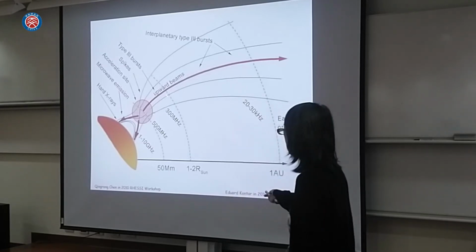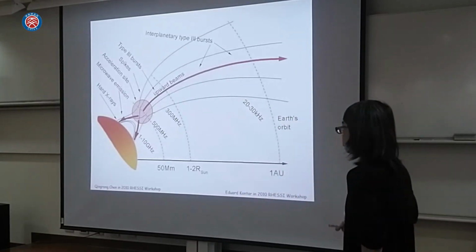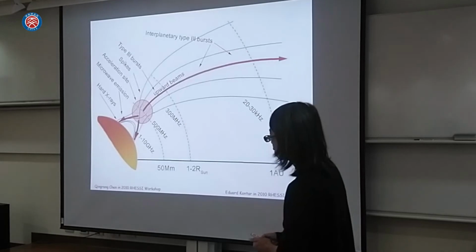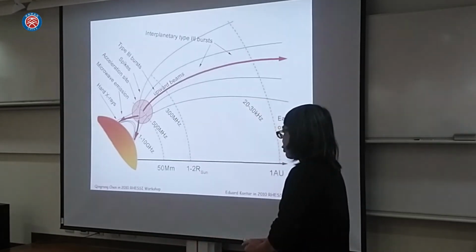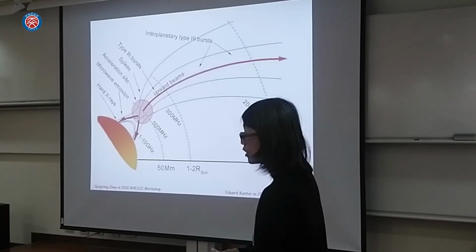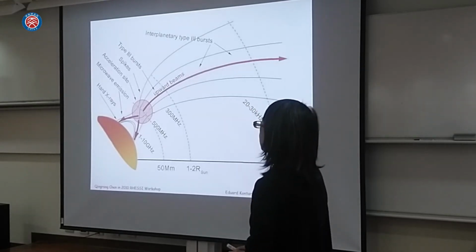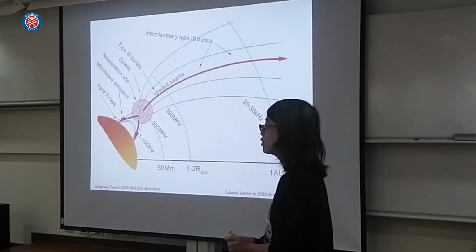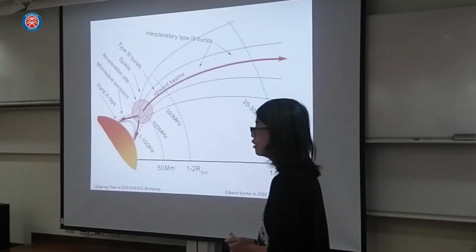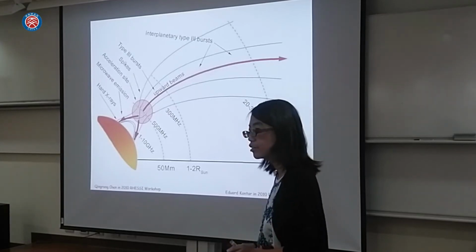So when the upward electron beam has some chance to emit radio emission by the plasma emission mechanism, then we can detect the radio source. And the frequency of the radio source just depends on the local plasma density.